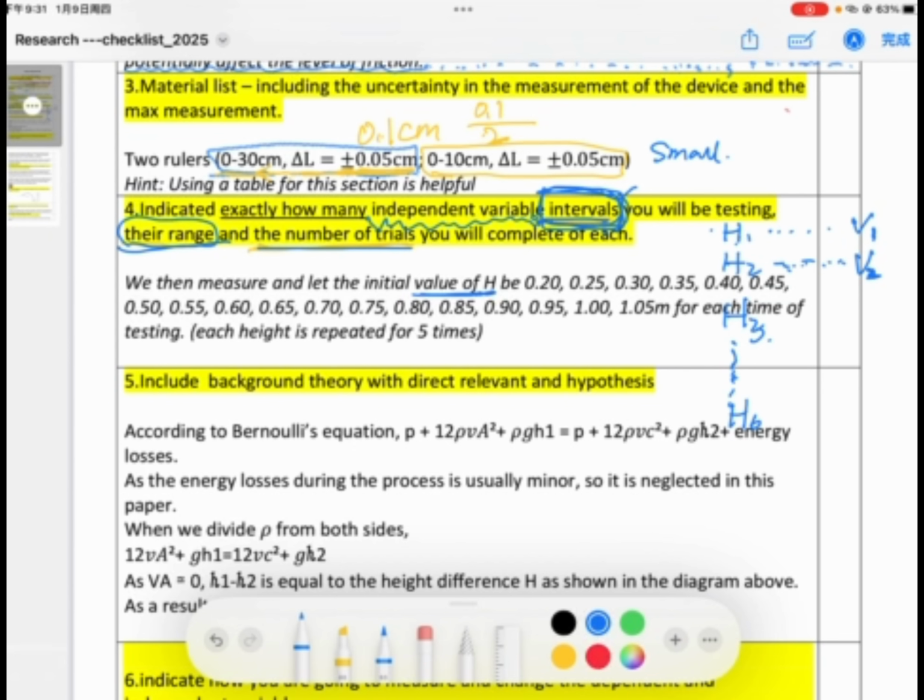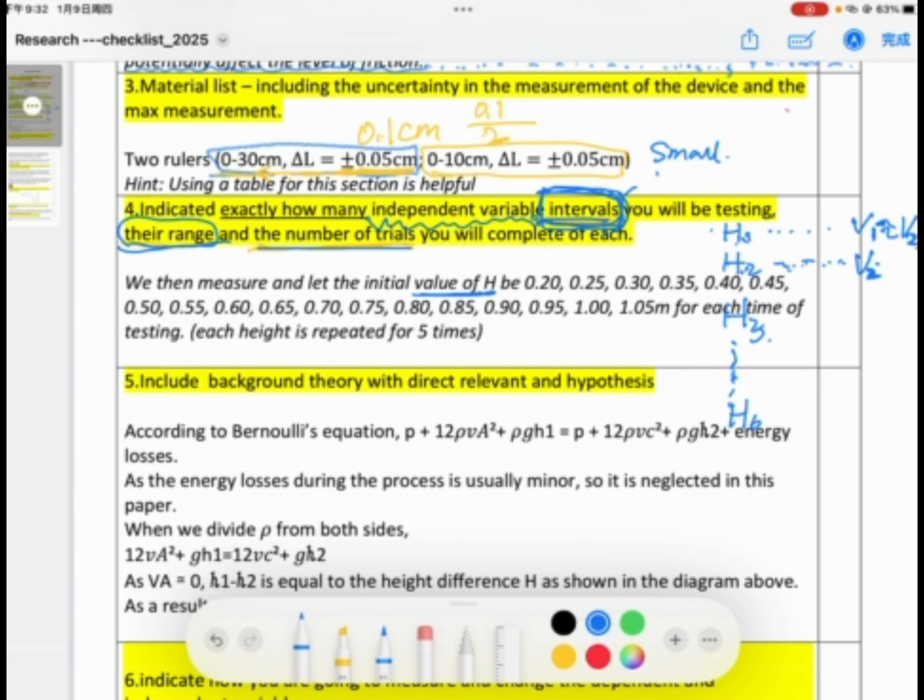So if h1 and h2 are too close, then v1 and v2 will be very close as well. The differences might not be significant enough for you to distinguish, or even the uncertainty is bigger than the differences, then that makes no point in doing the investigation.